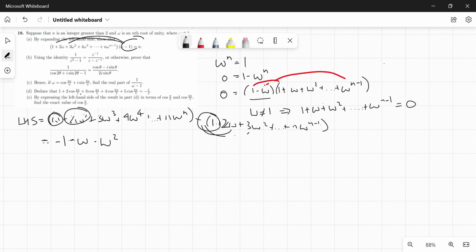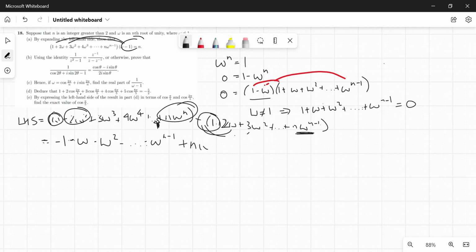So that'll keep happening. We're going to go minus all the way up to the one before the last term, which is our n minus 1 W to the n minus 1, and here we've got n lots of W to the n minus 1s. So again, we're going to get minus W to the n minus 1. So that leaves us just with that term there now.